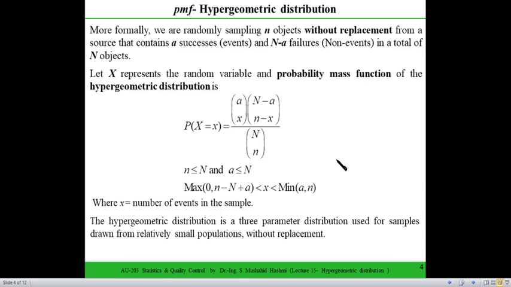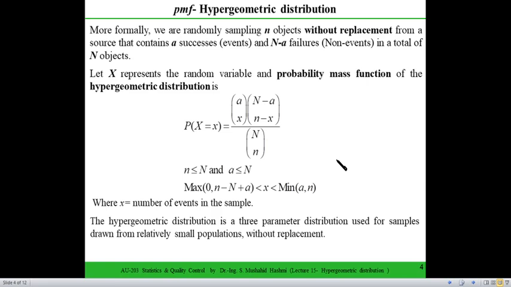So for a relatively small size population, you can use this distribution to calculate the probability where you are not replacing an object. In binomial distribution, we were replacing an object, so the probability of getting your required number is independent of the number of tries.